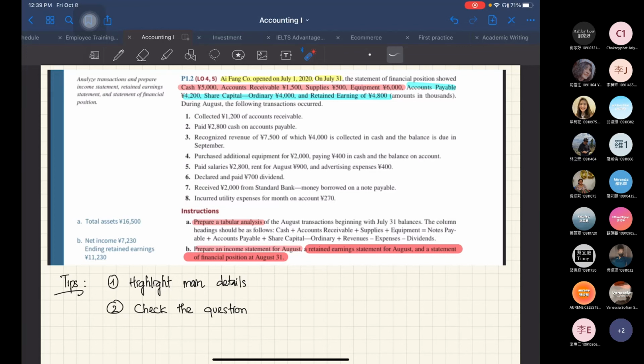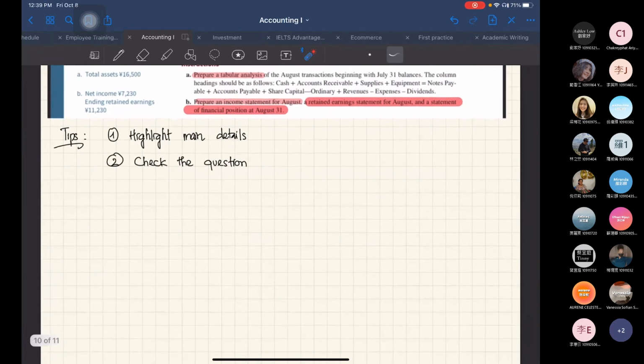Okay, let's talk about this question. For this company, pay attention to my highlight. Get straight to the question. They ask you to prepare the income statement. All of you can see my writing, right? Yes.